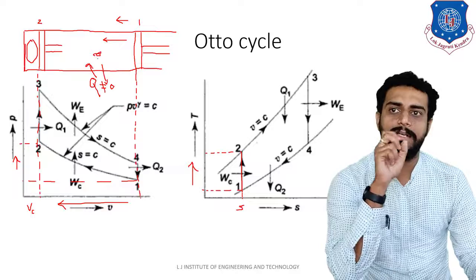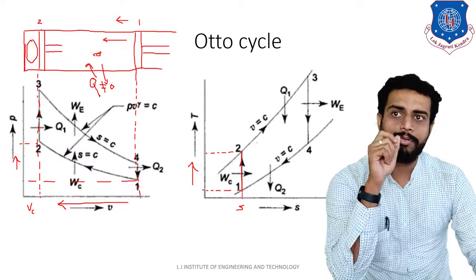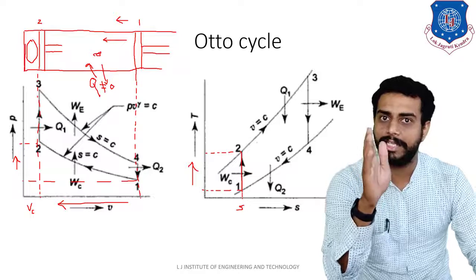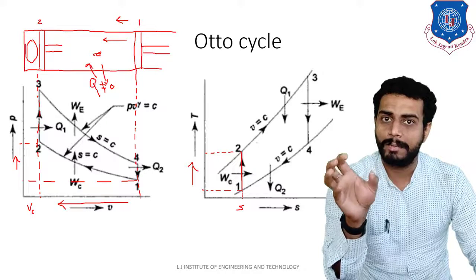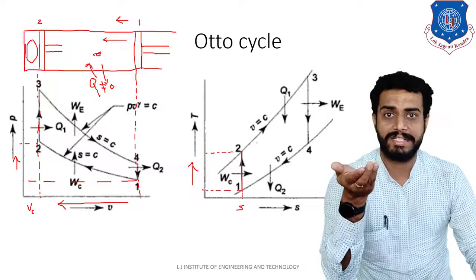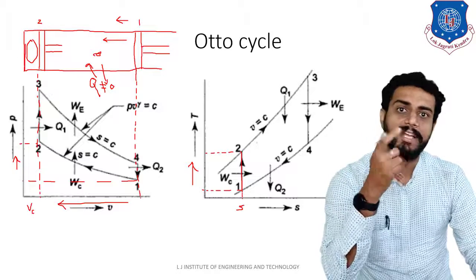Next, during 2 to 3, what will happen? The spark will take place, and due to that combustion will take place. As soon as the products combust, the pressure and temperature will increase drastically. Let us observe that on the PV diagram first.